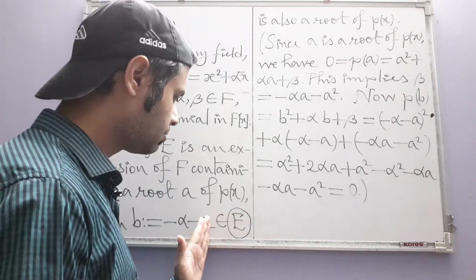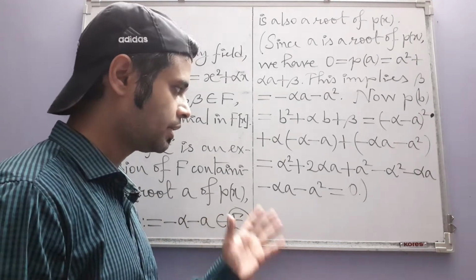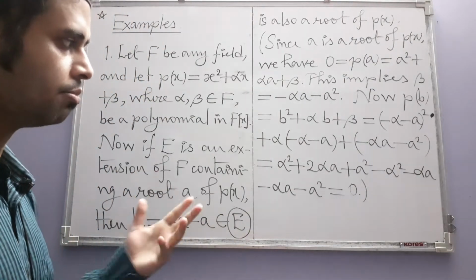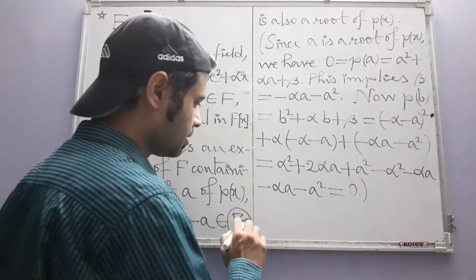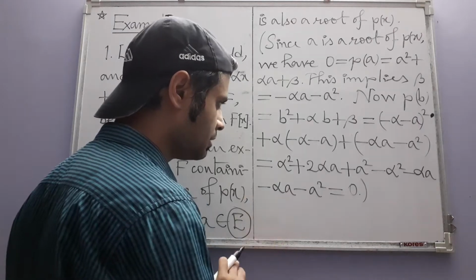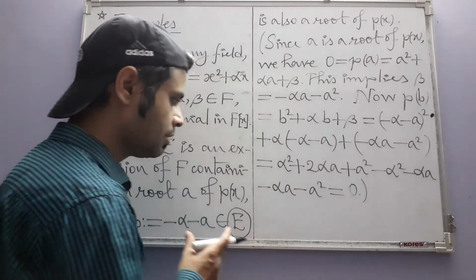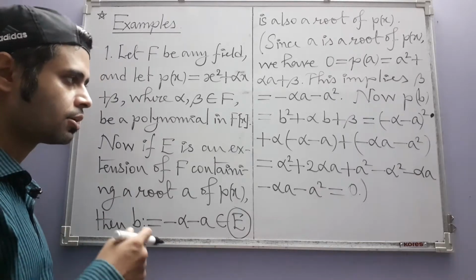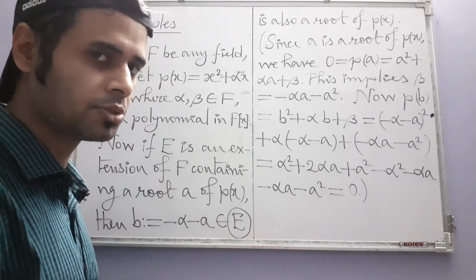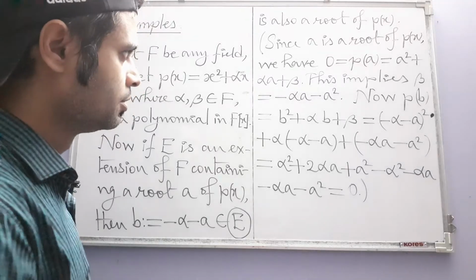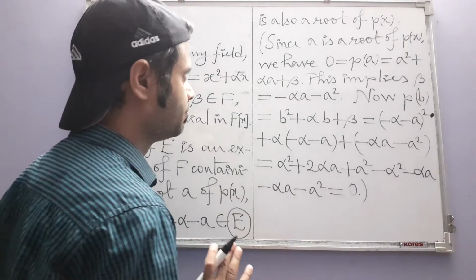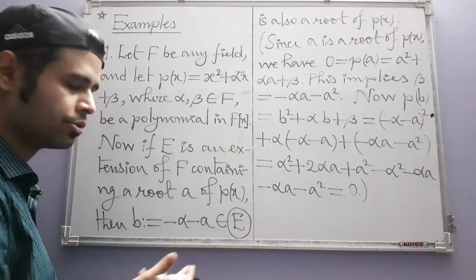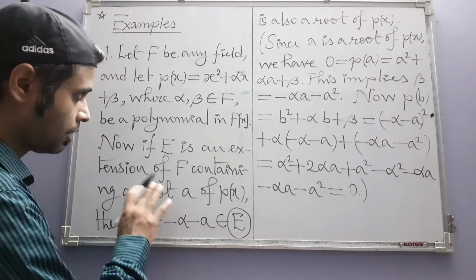So unless we know that A is in F, we cannot say that this is happening in F. In general it's happening in E, but still E is a field, so it's a commutative ring, and in a commutative ring the general binomial expansion is true. Just like it's true for real numbers and complex numbers, in a commutative ring also it's true. So there is no problem, and B is indeed also a root of our Px.